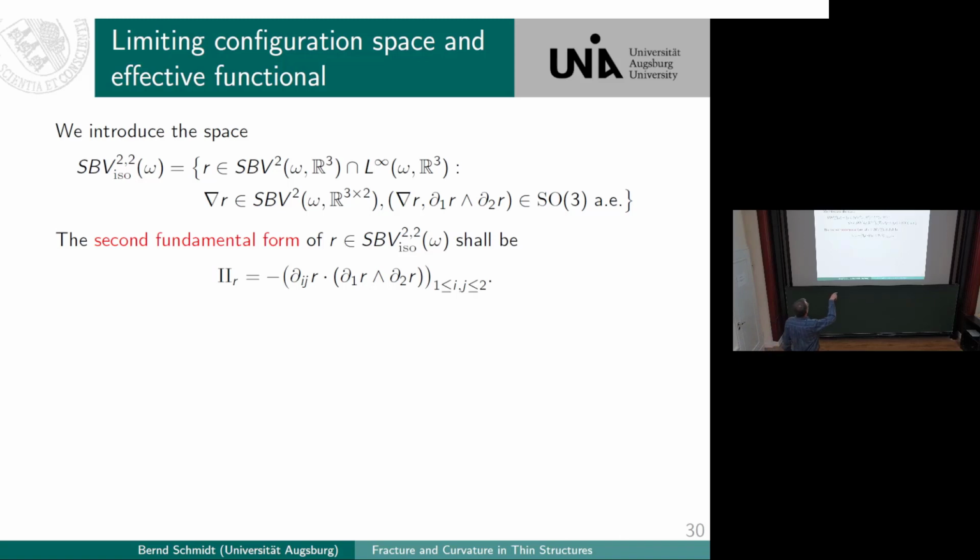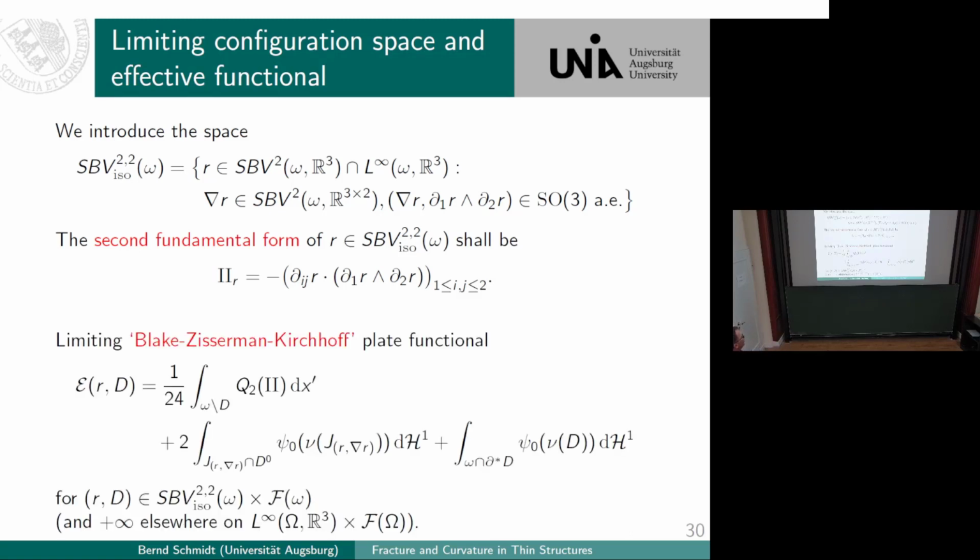We look at the absolutely continuous part of this guy here, and this is exactly these contributions here. So that's our definition of the second fundamental form. In terms of this, we define the following generalization of the Kirchhoff energy functional, and this should be the following.